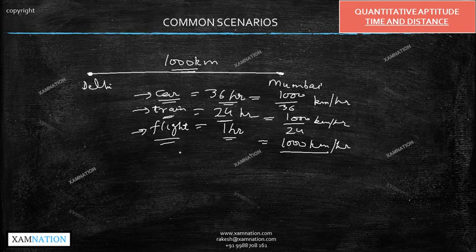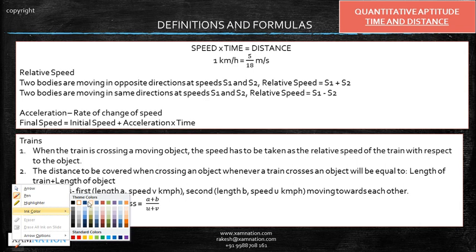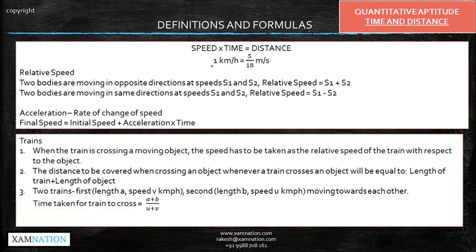Okay, so let's see some of the definitions and formulas of this chapter, and then we will see the application of these concepts, right? So first of all, this is the important equation: speed multiplied by time is equal to distance, right?